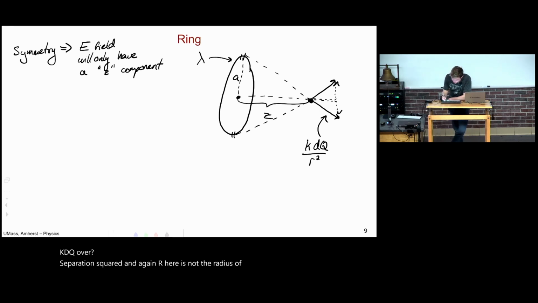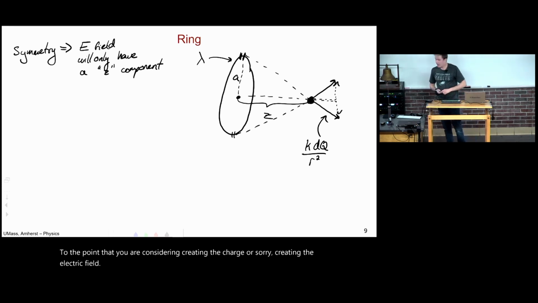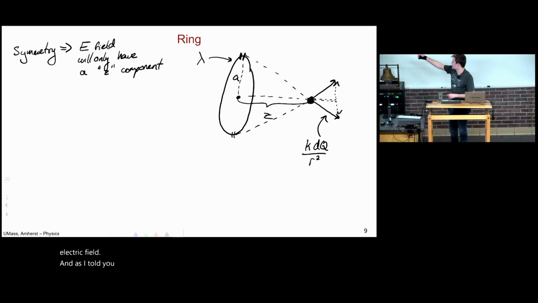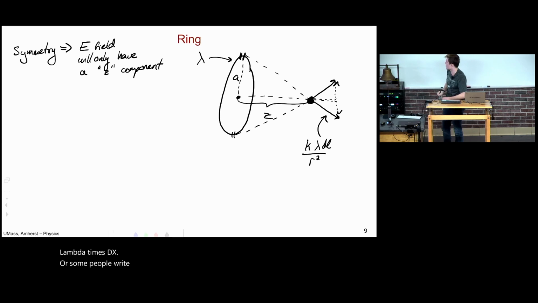It's the distance from the dot to the point that you are considering creating the electric field. And as I told you, whenever you see dq, just instantly replace it with lambda times dx, or some people write it lambda dl, which I'm going to do here because it's a curved line.